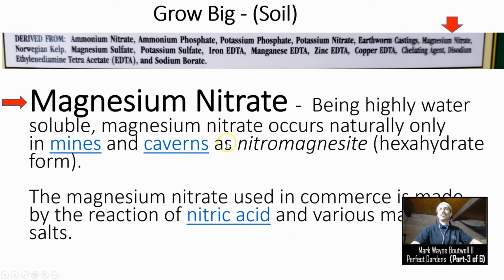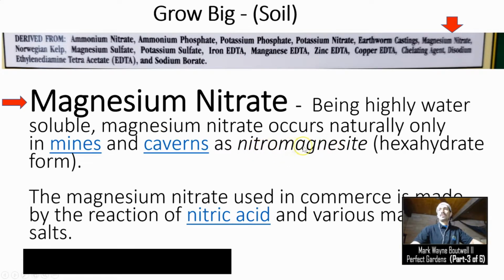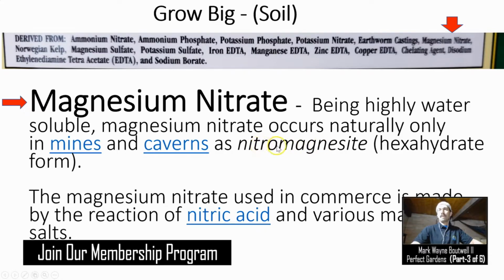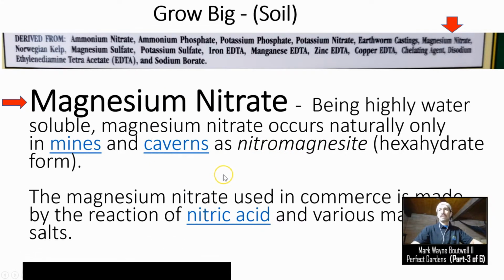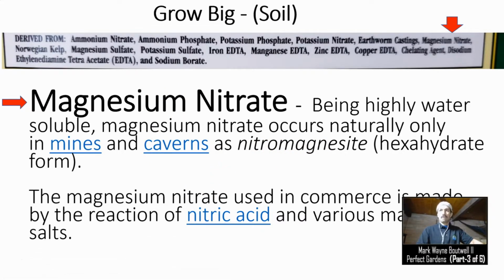So once again, they're using the NO3 and they are separating out the magnesium from the compound, and they're making another compound, which is an incredibly complex, overcomplicated process. And why would I give my plant something that is only found in mines and caverns? Like, that just doesn't make any sense. Shouldn't I be giving something to my plants that isn't so dark and gloomy, in a sense?